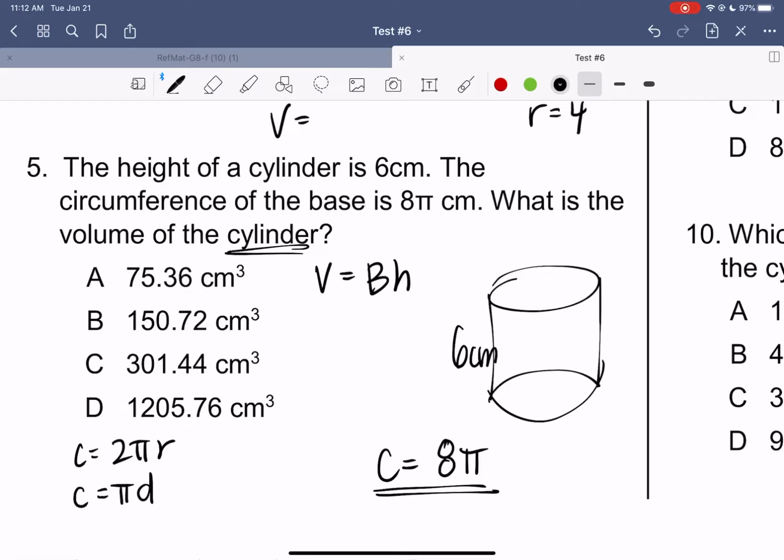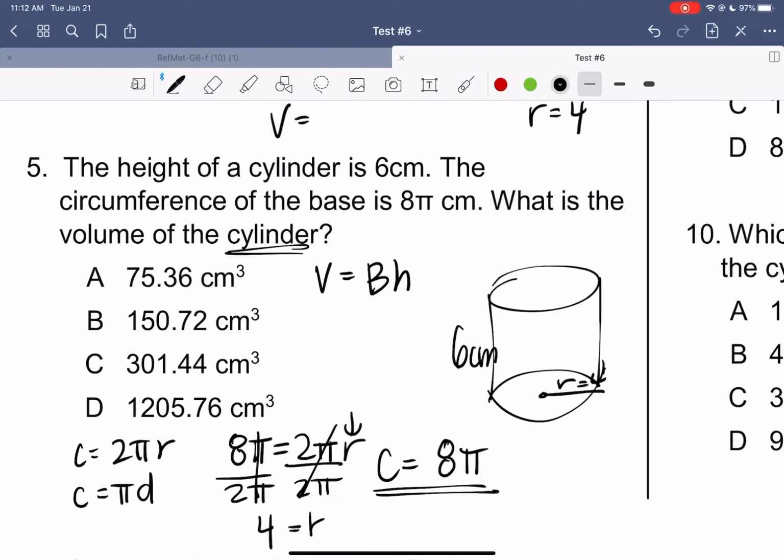So I have circumference, which is 8 pi, equals 2 pi radius. In order to get the radius by itself, I'm going to divide both sides by 2 pi. So this will become just radius, that'll become 1r. And then 8, the pi's will cancel. 8 divided by 2 is 4. So our radius here, radius equals 4.